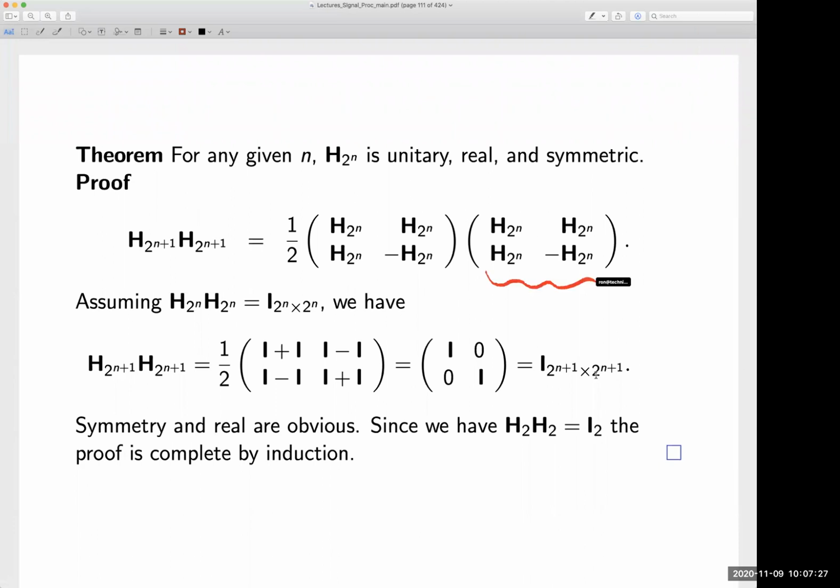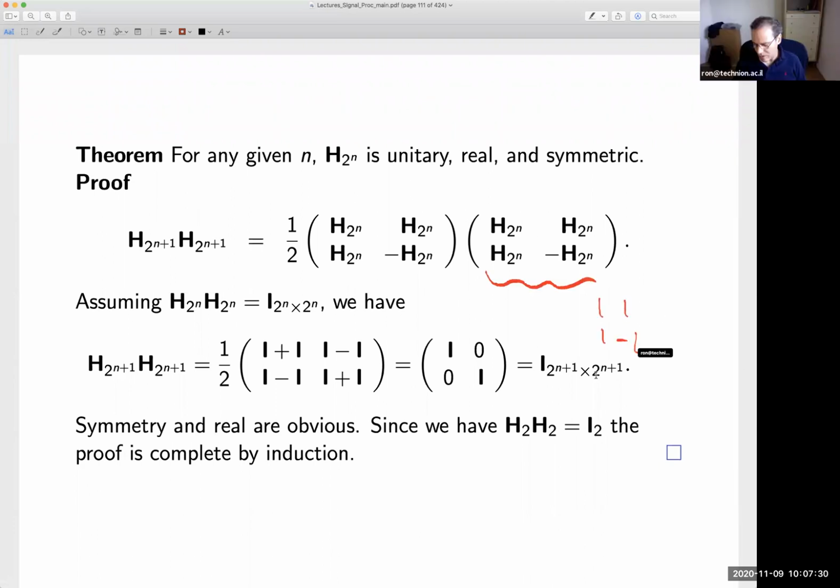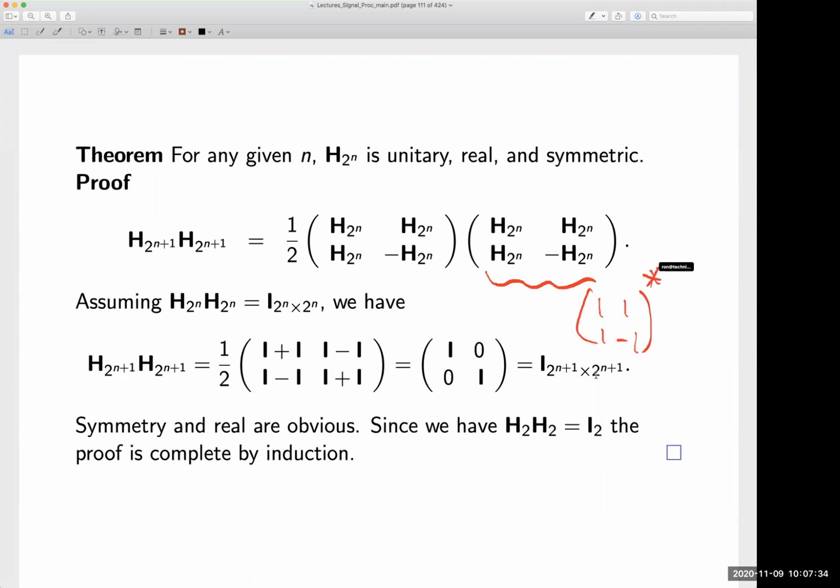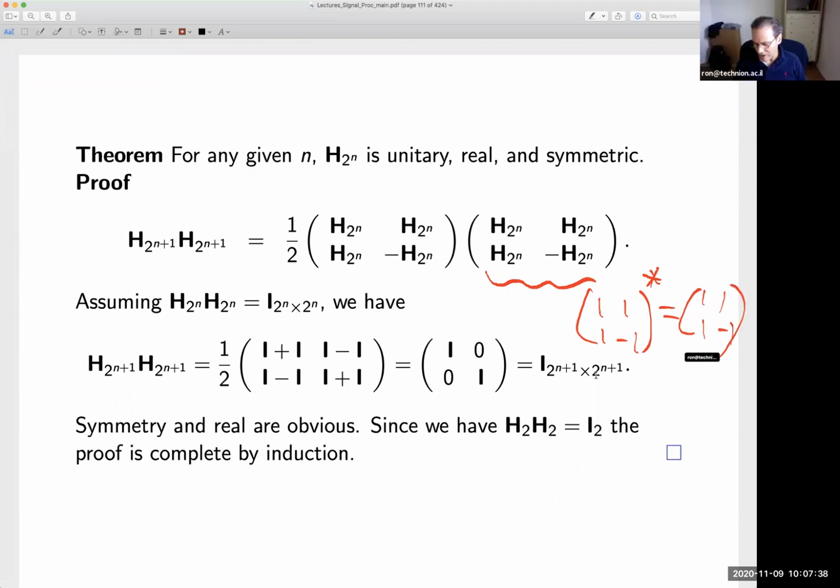If I have 1, 1, 1, minus 1, the conjugate of that would be equal to itself. If I would have a complex number here, I would have to change signs. If it would not be symmetric, I would have to flip about the diagonal. Otherwise, it is like that.